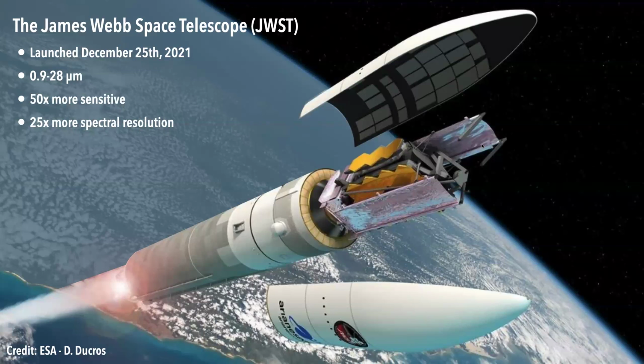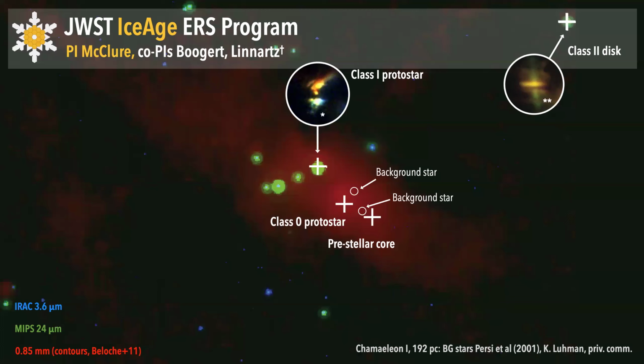And it has 25 times more spectral resolution than that mission. So you can see very narrow lines like that CO stretch that we pointed out in carbon monoxide on a previous slide.